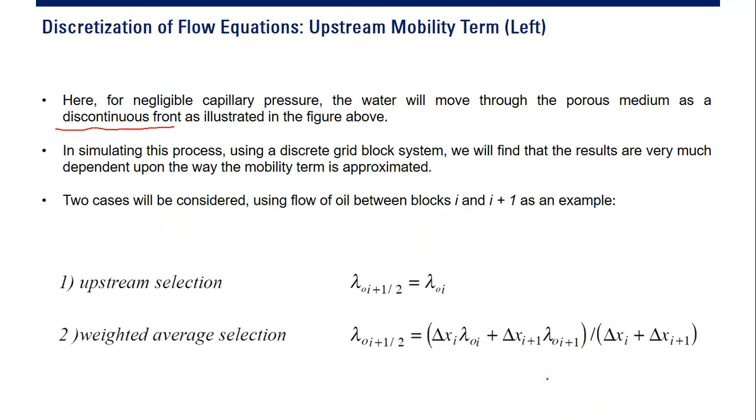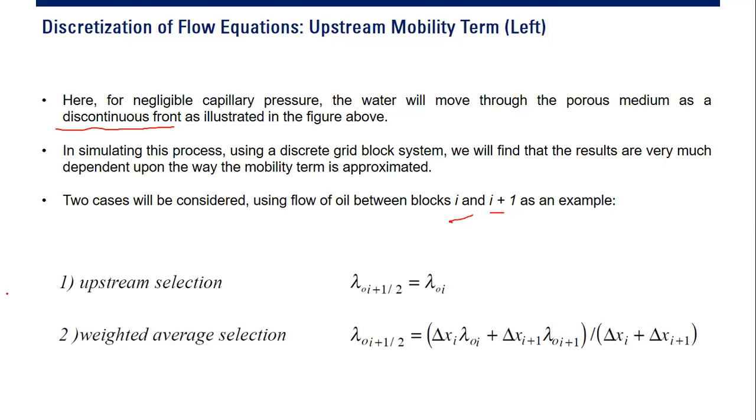In simulating the process using a discrete grid block system, we will find that the results are very much dependent upon the way the mobility term is approximated. Two cases will be considered using flow of oil between blocks I and I plus 1. So we will have an example.